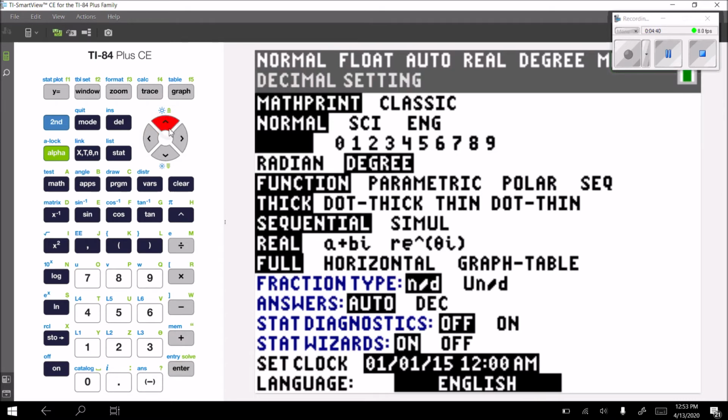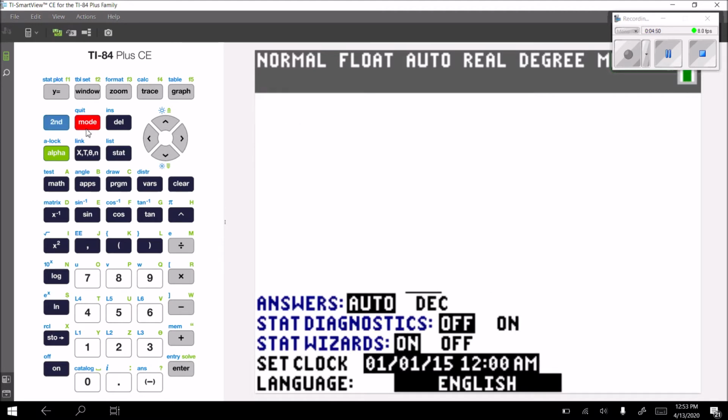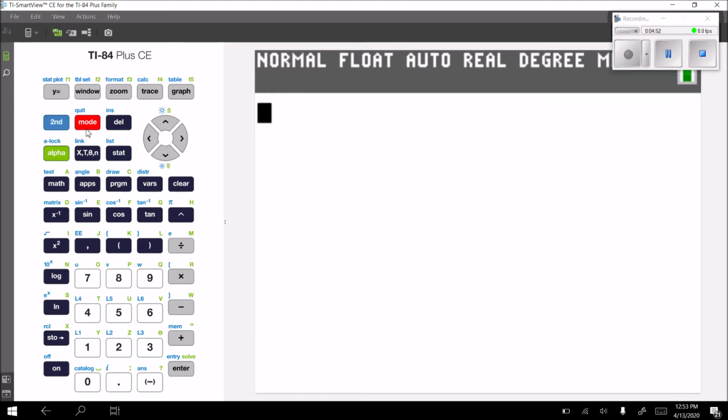Okay, so I put my calculator in degrees. Again, that is mode, and then I go down to degrees, radians, and I always select degrees. And I can simply type in 10 tan 40. Tangent is right in the middle there. You have sine, cosine, and tangent all right next to each other.